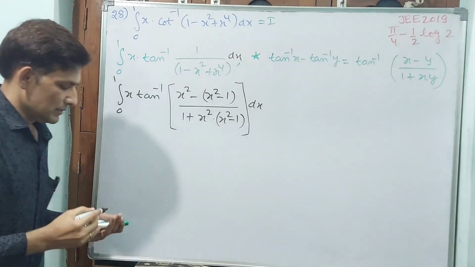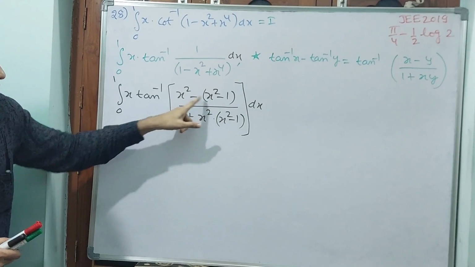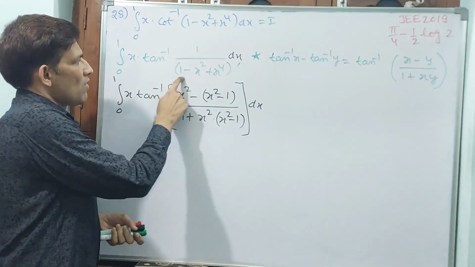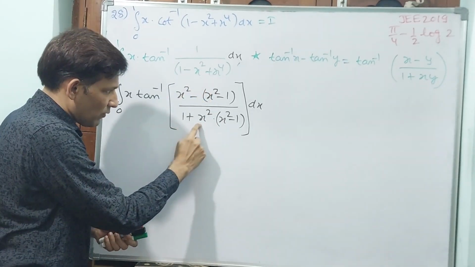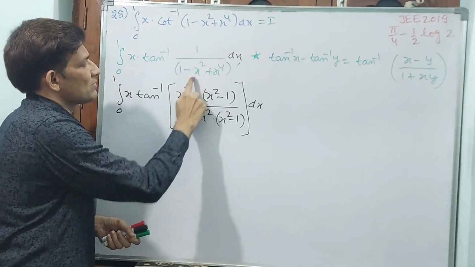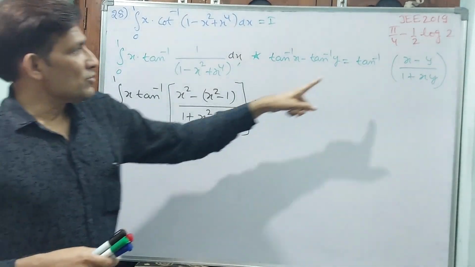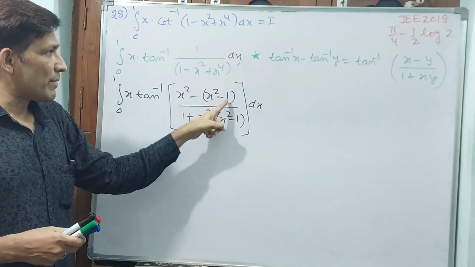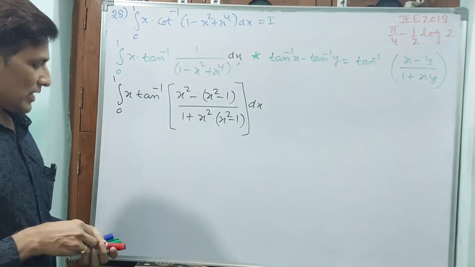Why? Because 1 should come in the numerator: x square minus x square gets cancelled out, minus of minus gives plus 1. Numerator is okay. Now the denominator: 1 plus x to the power of 4, and 1 into minus x square means minus x square. Numerator and denominator both match. So it is 1 plus x square into (x square minus 1).